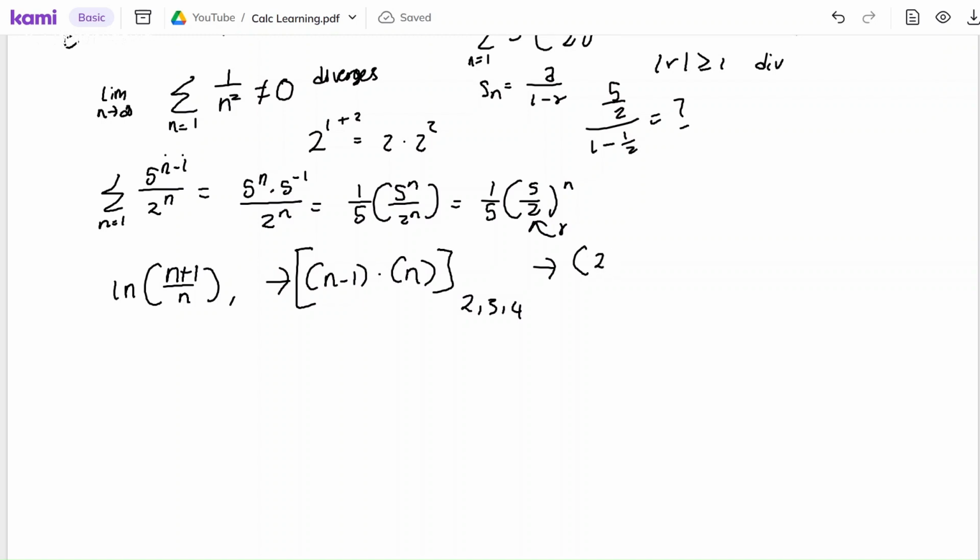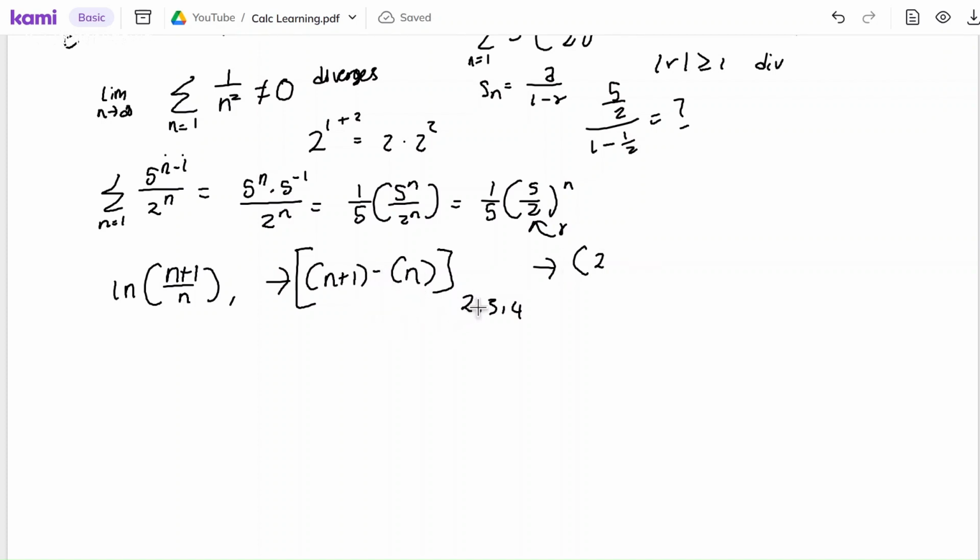Wait, I'm not doing this right. This is not a good function. Okay, instead of n, I'll do n plus 1, so it's easier. Also the mistake I made was this is minus, not times, because there has to be a subtraction going on here.